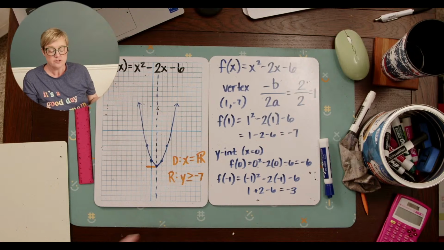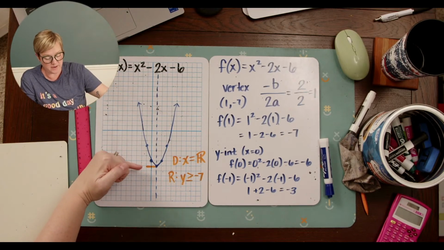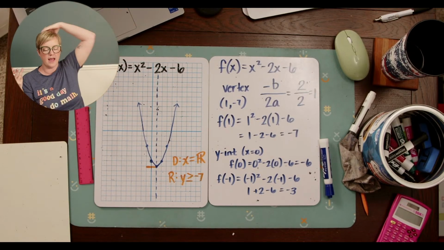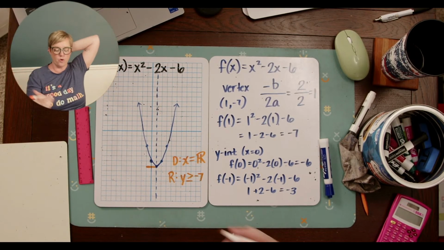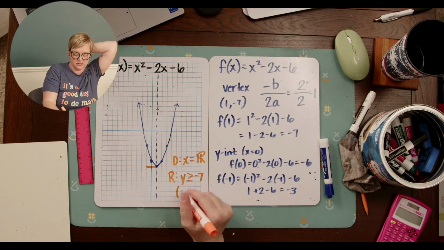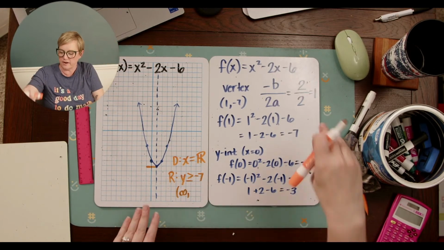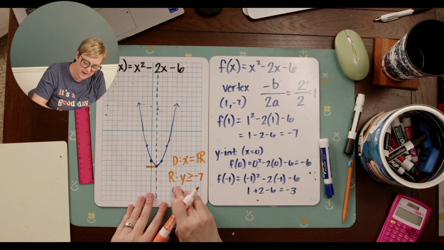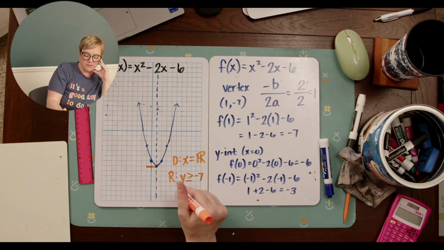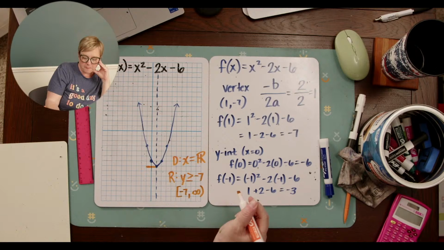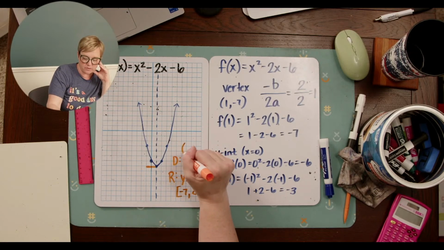So my range is going to be from negative 7 to infinity. If you have to write it in interval notation, your range would be negative 7 to infinity, and the domain would be negative infinity to infinity.